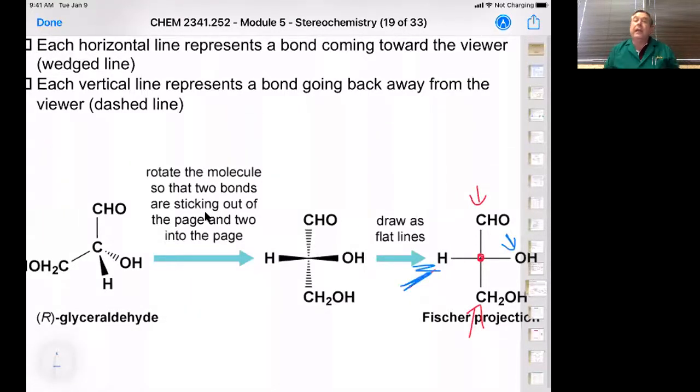So from that, we can actually then orient our hand or our configuration, redraw it such that the hydrogen is going back, and assign our R and S. Okay. Now, this is really helpful when you have multiple stereocenters, because then you only have to draw a single line and have all your stereocenters along that vertical axis.